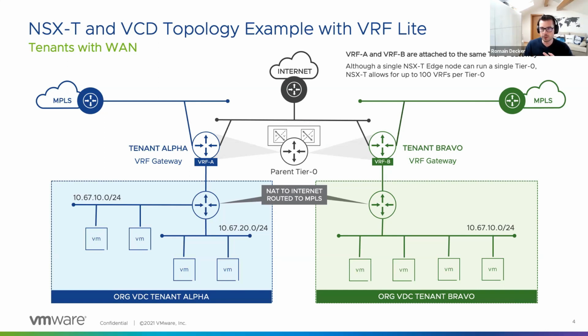By default, it's NATed. If you want to have access to, say, MPLS and internet at the same time, everything will be NATed by default to internet, and you just say that particular networks will have a no SNAT rule to the MPLS network.